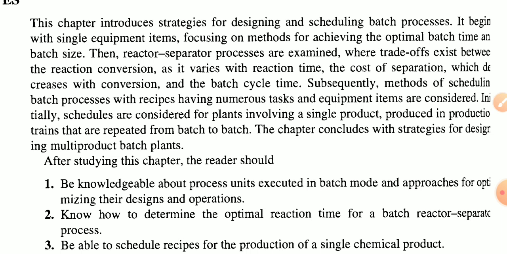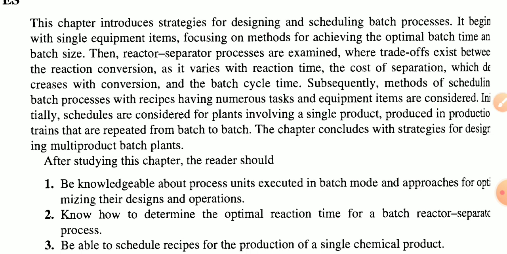Okay, this chapter introduces some strategies for designing and scheduling batch processes. It begins with a single equipment item, focusing on a method for achieving the optimal batch time and the batch size.